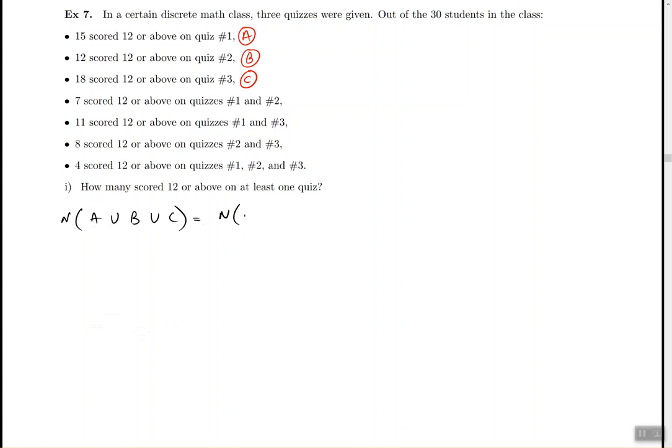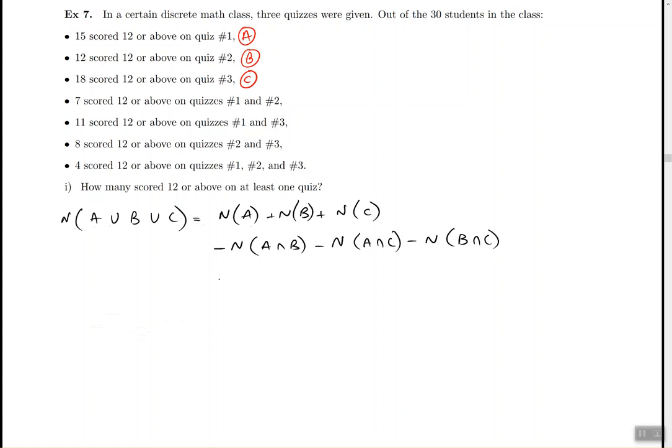It's going to be the total of A plus the total of B plus the total of C, but obviously we're going to be over counting this way. So now we're going to take away all the possible combinations of any two sets, A and B, or A and C, or B and C, let's say.